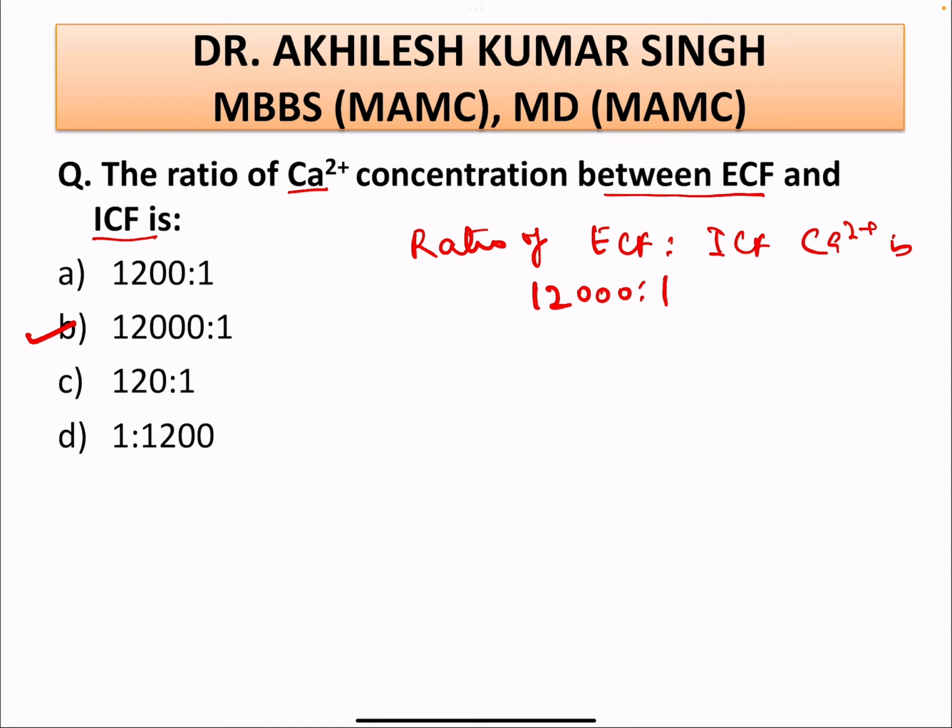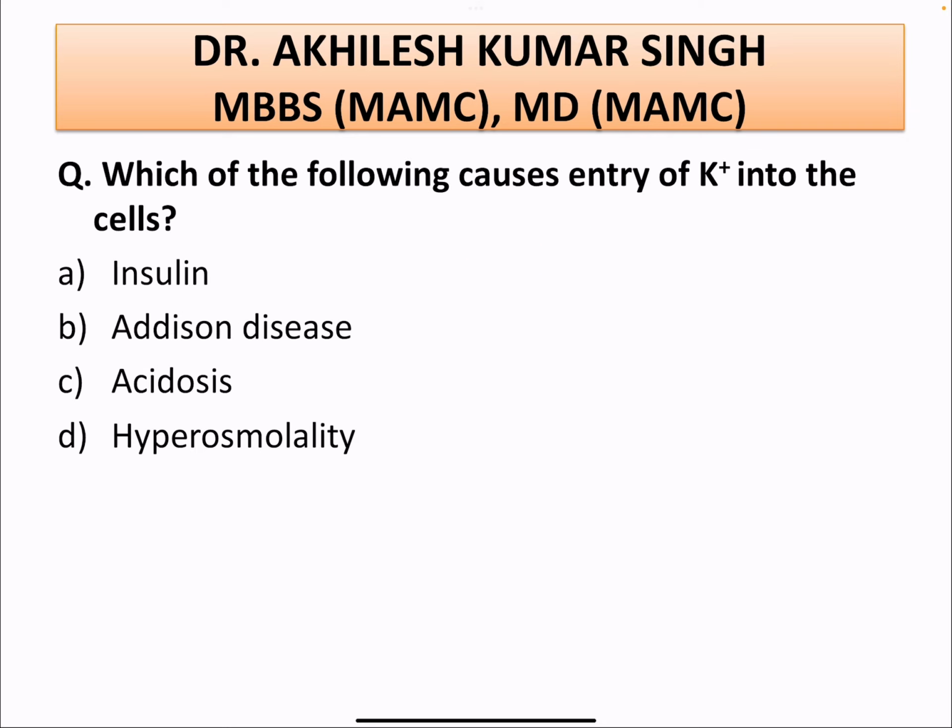Now let us look at another question. Which of the following causes entry of potassium into the cells? This is a slightly different question from the previous question. Here we have to say which of the following will cause entry of potassium into the cell. Entry of potassium into the cell means the potassium will move from the ECF to the ICF.